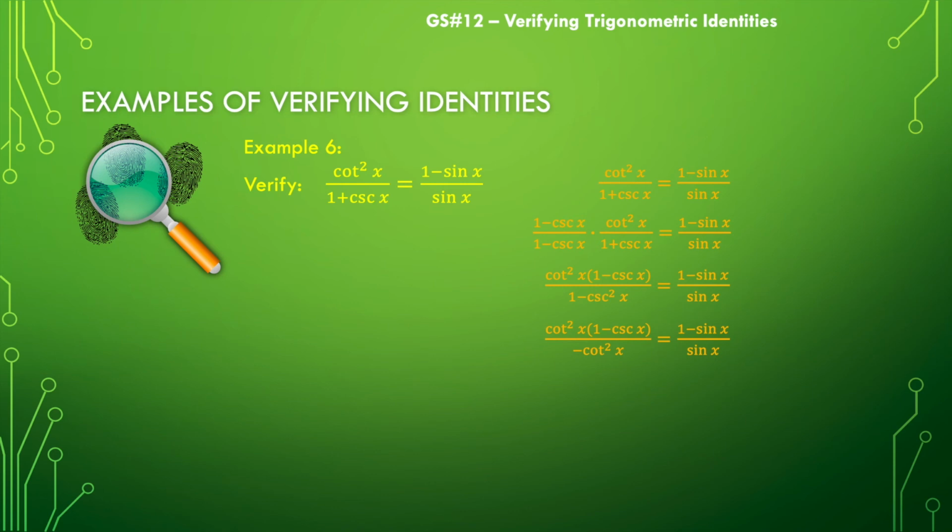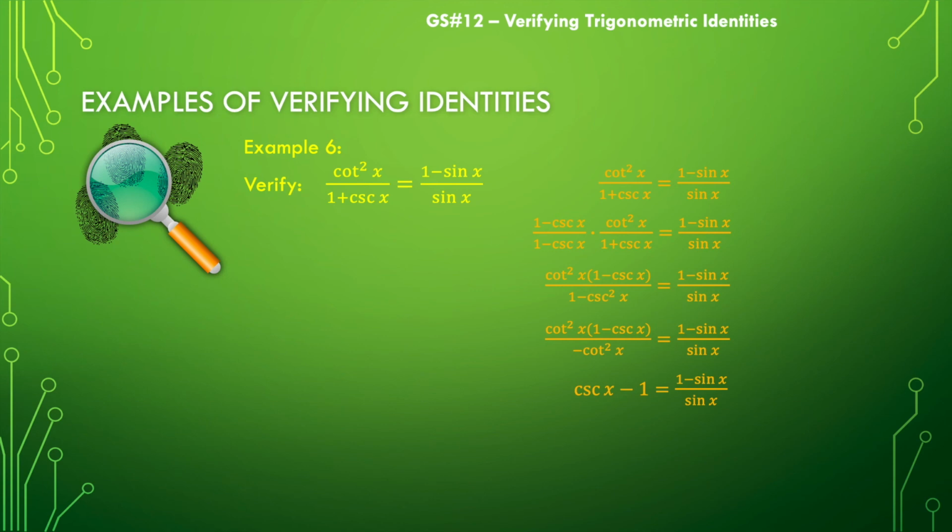And so when I divide out this cotangent squared of x, I will end up with just a negative 1 in the denominator. Or we can just call it a negative times that quantity, 1 minus cosecant of x. If I distribute that through, I will get a negative 1 and a positive cosecant of x, so I can write it as cosecant of x minus 1.